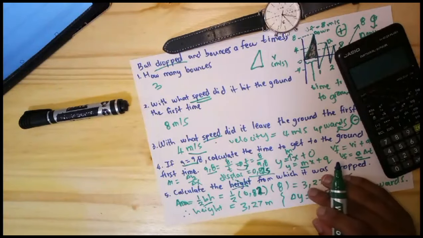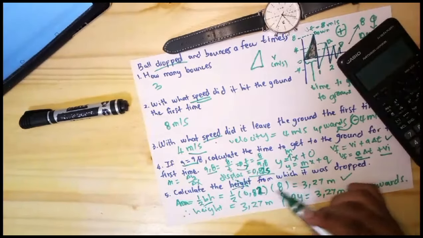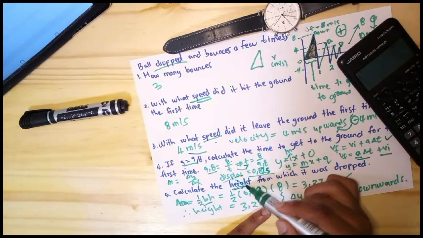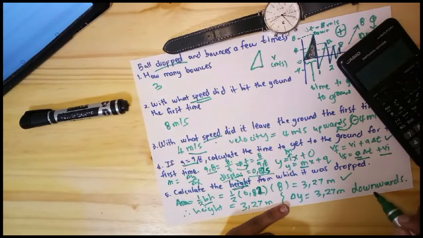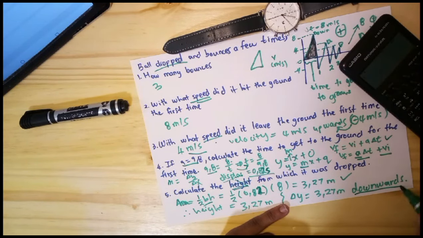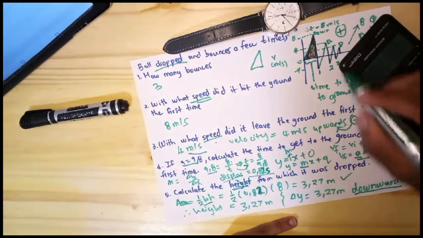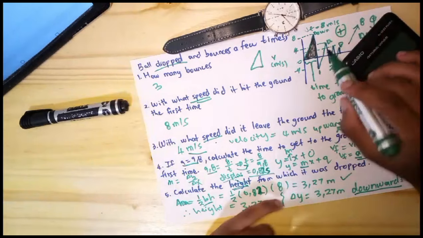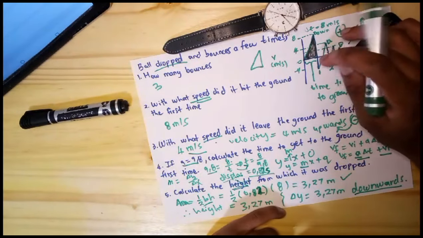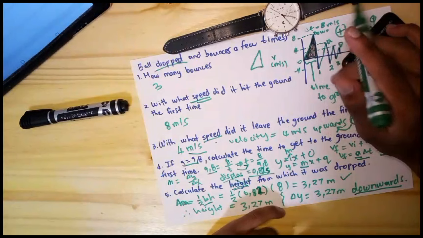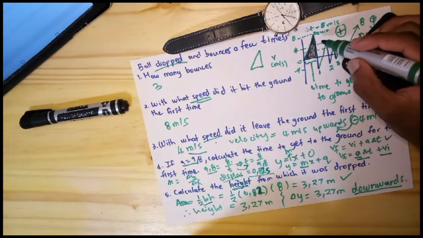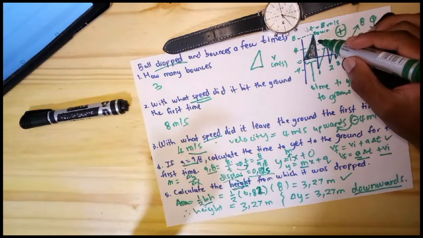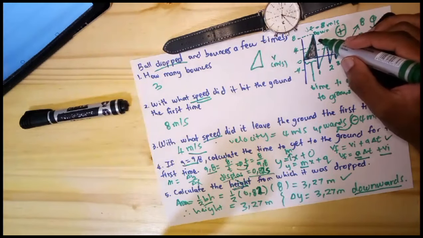So what if they told you to find displacement as opposed to finding height? Well, you're just going to say change in y is equal to 3.27 meters downwards. Why is it downwards? The answer came back as positive. And besides that, you also understand that when you were doing your calculations, you were doing it with the mindfulness that your ball has been dropped and the downward direction has been taken as positive.